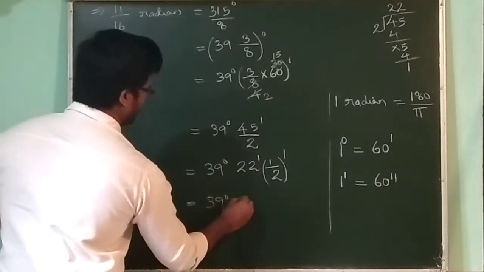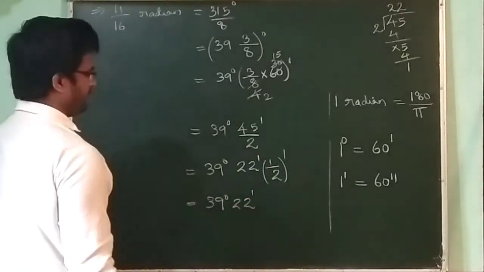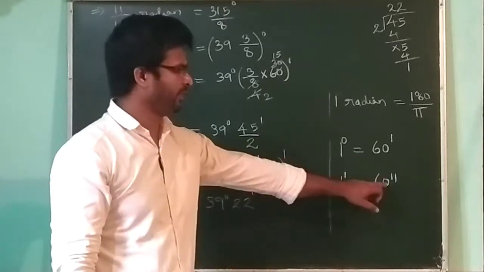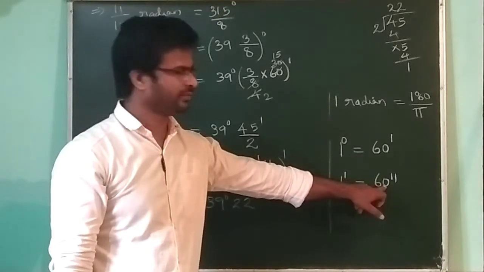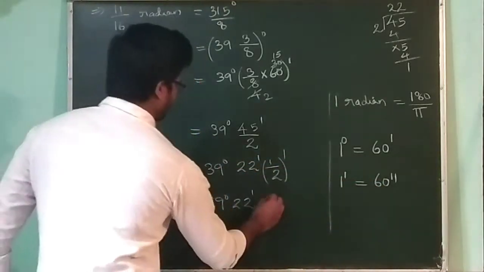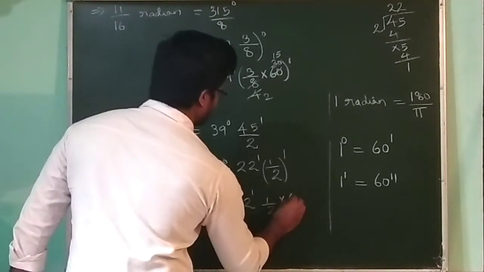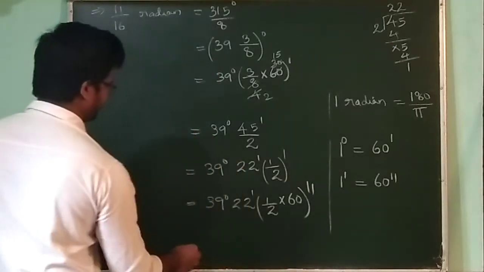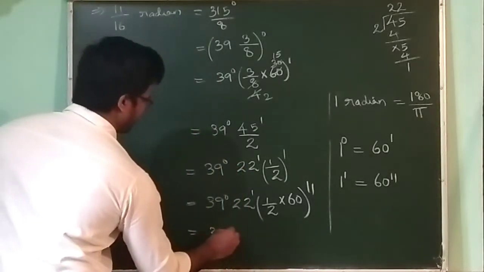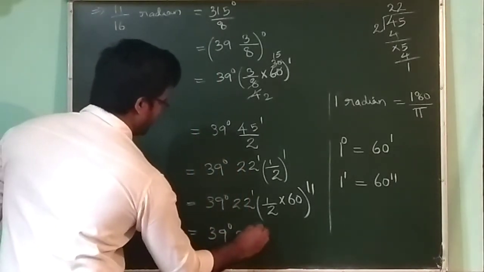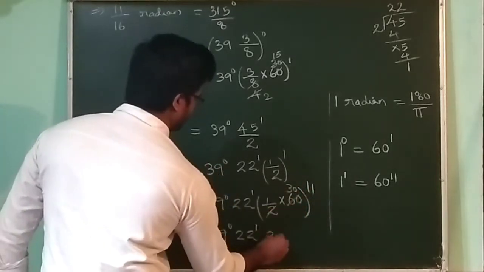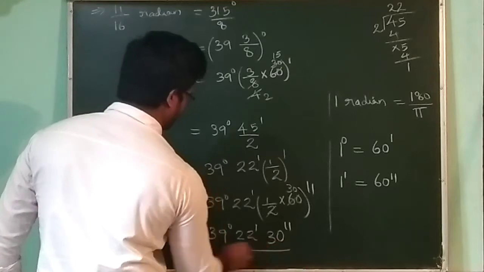39 degree, 22 minute. This 1 by 2 minute we can change to second. What will we do? We multiply with 60, isn't it? We can write 1 by 2 into 60. That time this minute will change to second. 39 degree, 22 minute, and we will get 30 second.